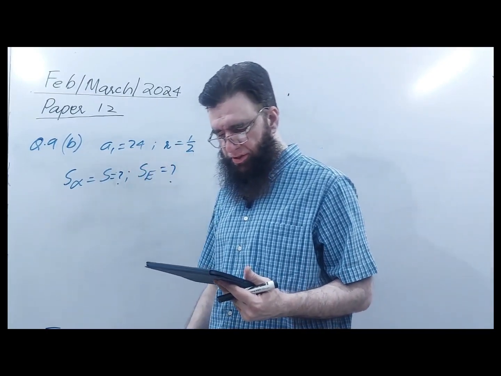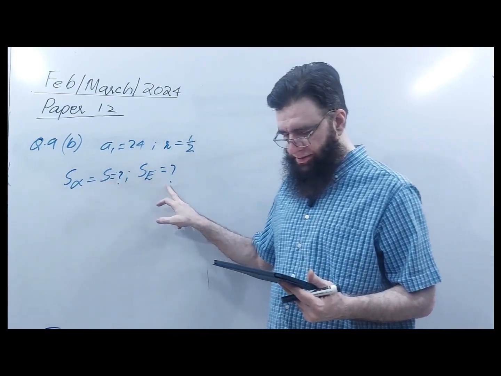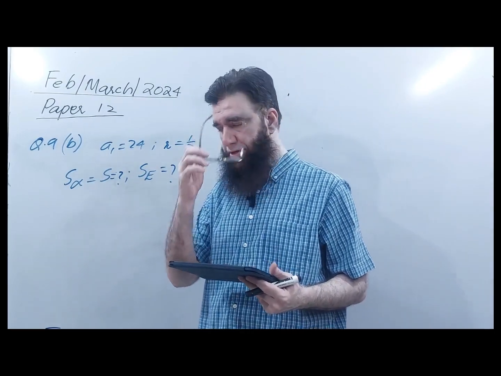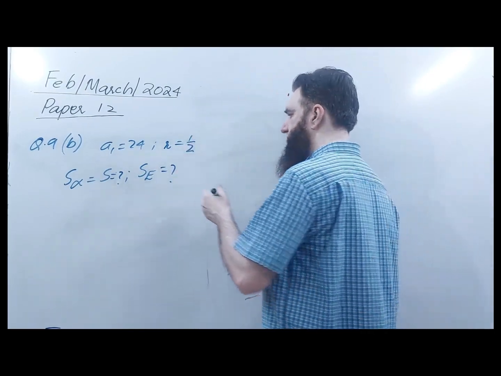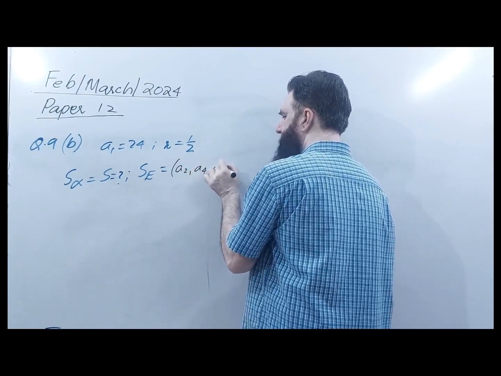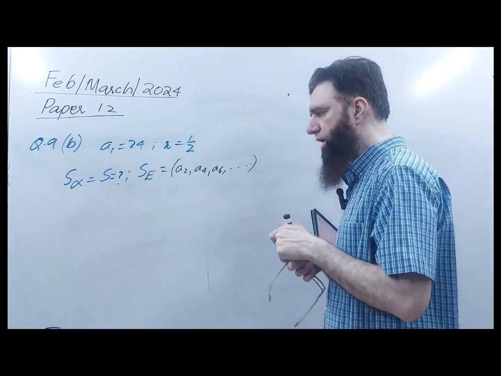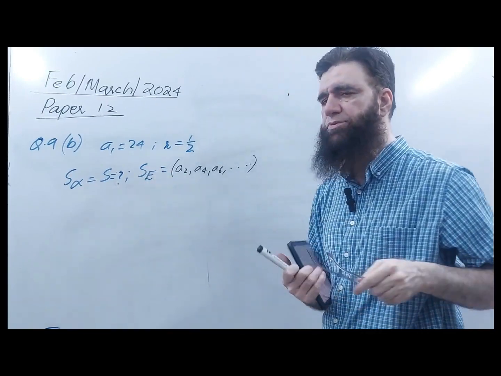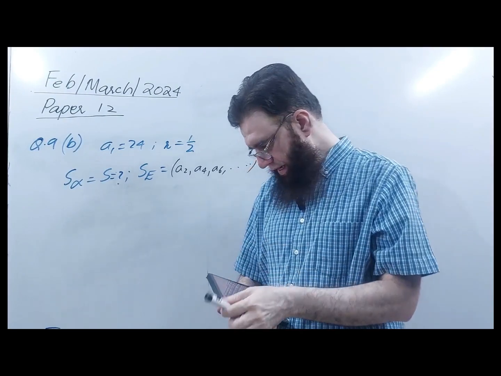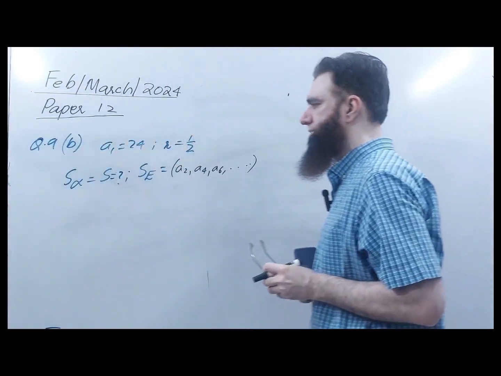The sum to infinity of this geometric progression is denoted by S, and the sum to infinity of the even numbered terms, A2, A4, A6, is SE. Find the value of S and SE.